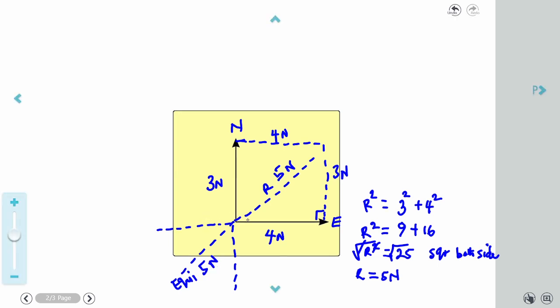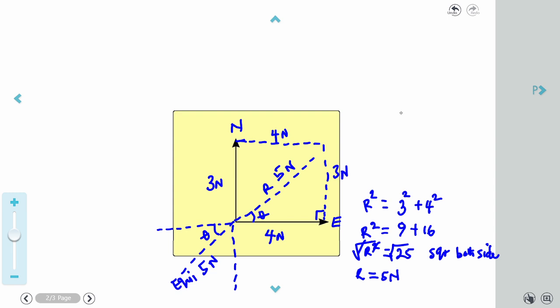Now that being said, one thing about vectors is that you also have to find the specific direction. So if you were to find the direction, say we call it theta, here would also be theta. The principle upon which that would be true is that opposite angles are equal.